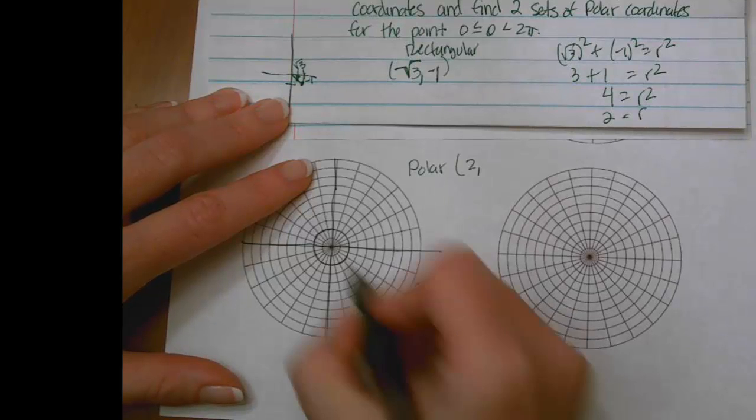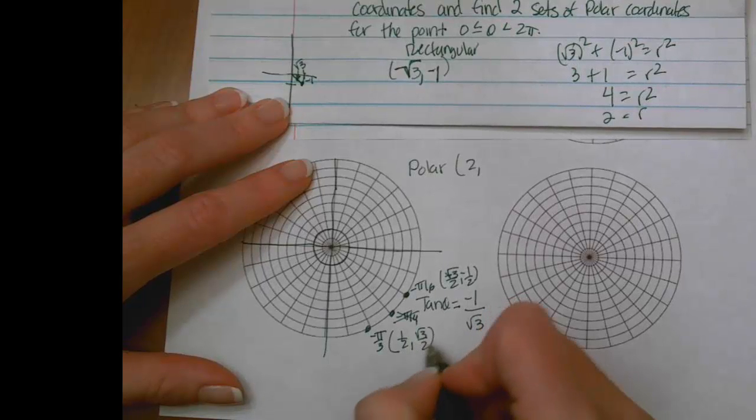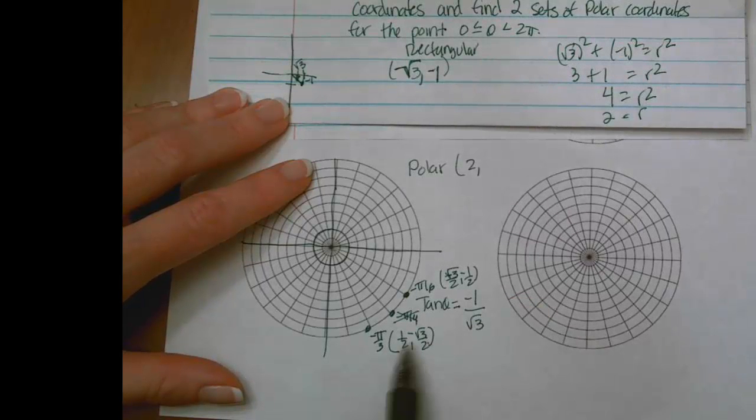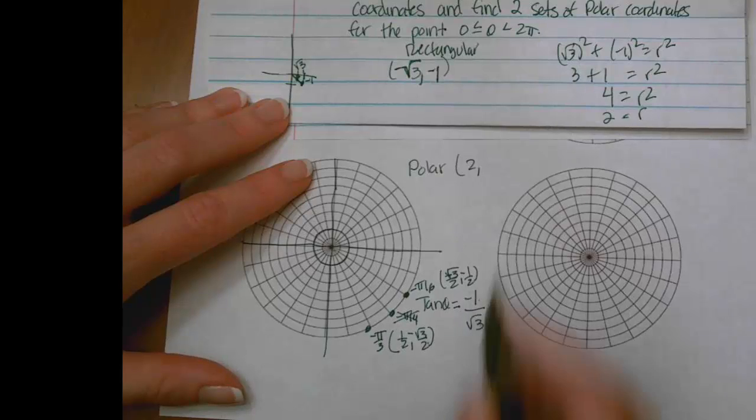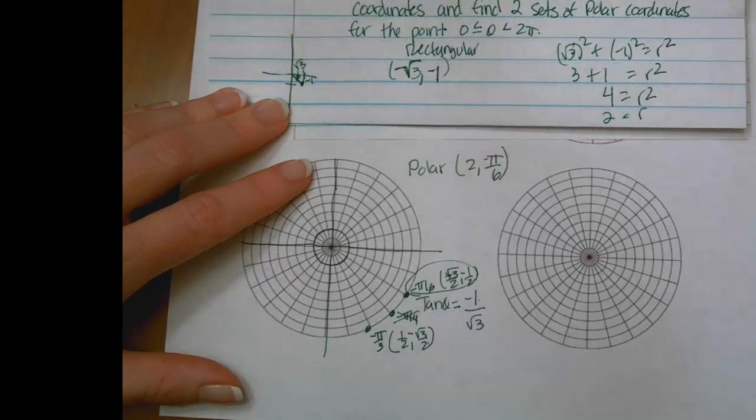And -pi over 3 has a short x, but a long y. So which y over x yields -1 over root 3? It's right here at -pi over 6. So 2, -pi over 6 is one way to talk about this coordinate.